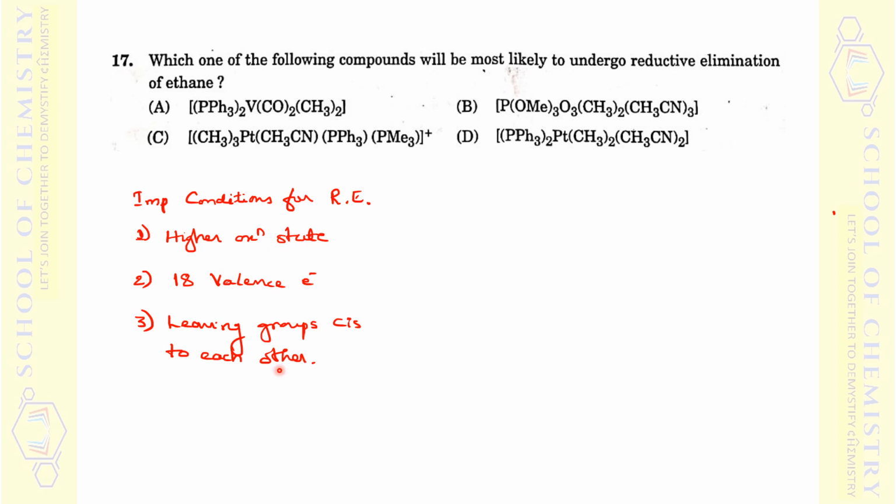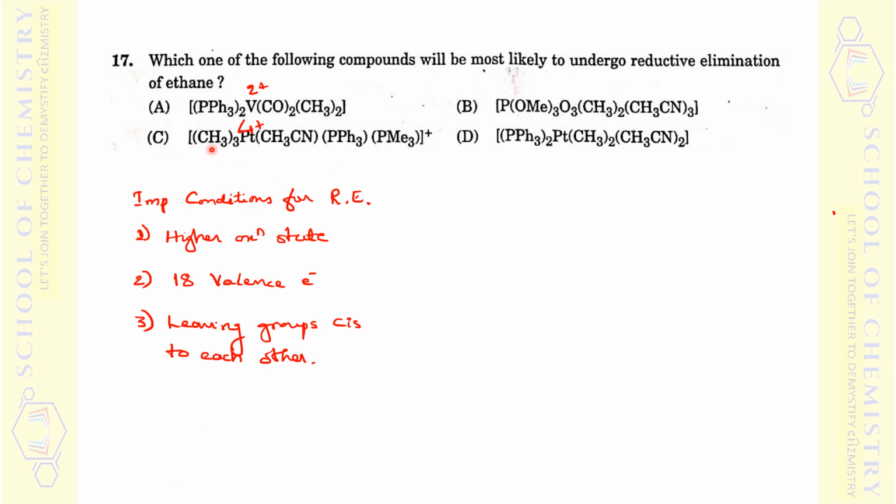So now, considering all these, we can look at the oxidation state. Based on oxidation state, if we can eliminate some of the options, that will be easy. So straight away I will write the oxidation state, I will not go for calculation. Vanadium is 2 plus because of 2 CH3 ligands, 2 minus. Similarly, here platinum will be 4 plus because overall there is a plus charge and 3 CH3 groups.